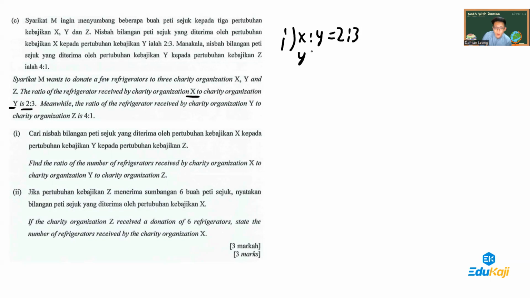Then Y to Z is 4 to 1. So I want to combine them together, basically. So I need to change the same number to be the same.